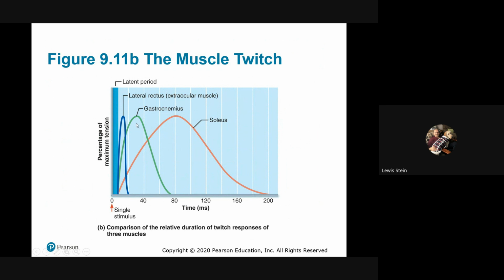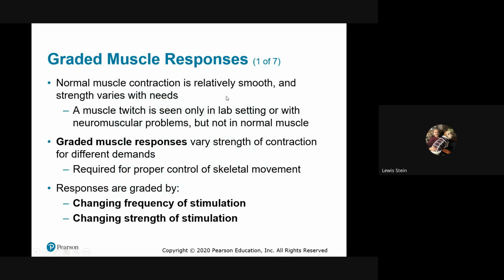But if you're jumping, the gastrocnemius is what lets Michael Jordan go grab a rebound. Okay, so it's relatively smooth, twitch laboratory created or PT created, and typically, unless someone has a neuromuscular problem of some type. And there's different kinds of responses depending on demand.